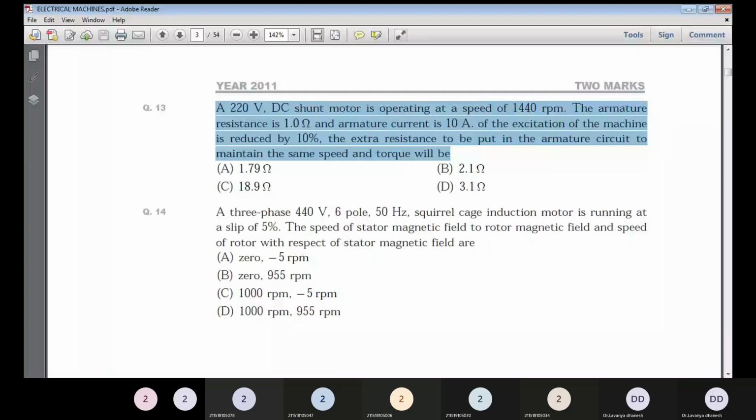So EB1 will be equal to 0.9 into EB2. This total N2 by N1 will get cancelled because the number of turns in the secondary and primary are equal. So 0.9 into EB2.